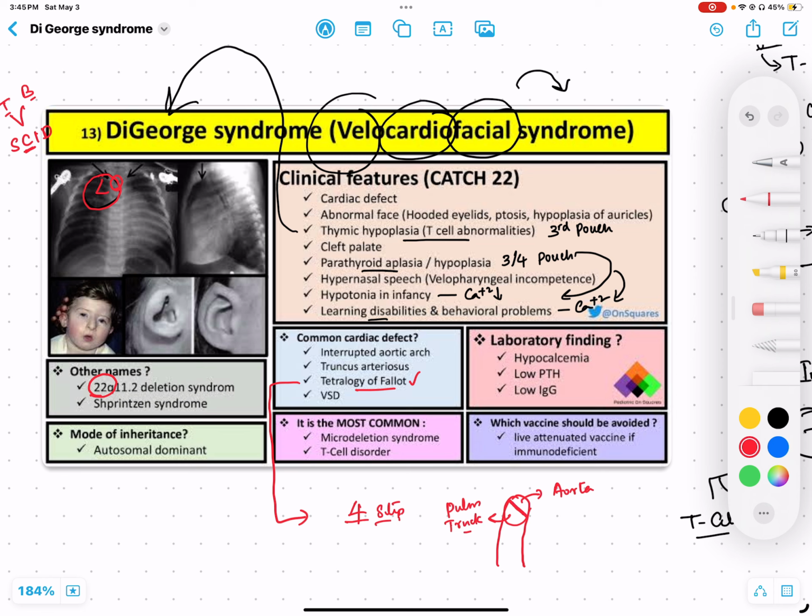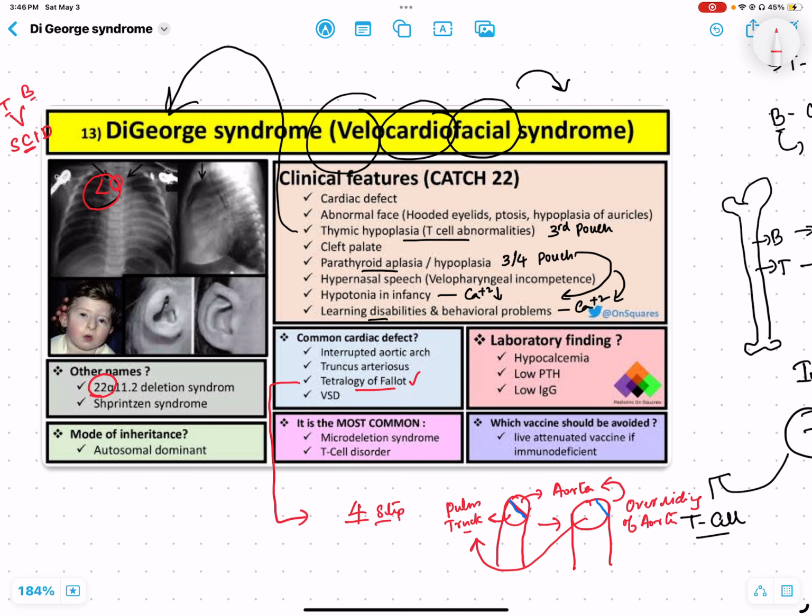This spiral septum divides unequally, and that results in having asymmetrical division. So the pulmonary trunk or artery is smaller here compared to the aorta. So that is called overriding of the aorta.